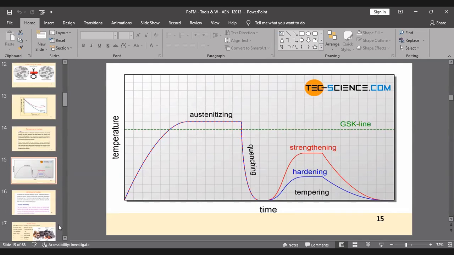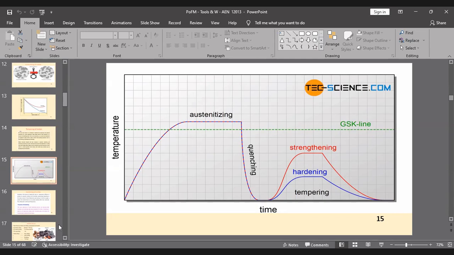Low temperature with a different time: 10 minutes, 15 minutes, or half an hour, 1 hour, 2 hours. Then say the temperature is 500 degrees centigrade, then a time factor of 2 minutes, 5 minutes, 10 minutes, 15 minutes, and half an hour.